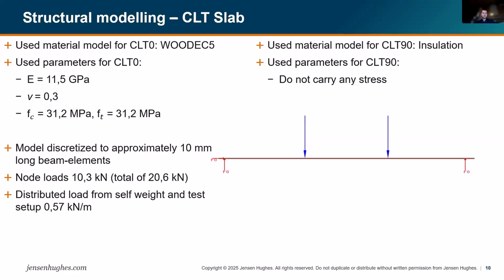The model was discretized to approximately 10 millimeter long beam elements, and there were 2 node loads because there was a distribution beam for the loading, so the total load was 20.6 kilonewtons. On top of that, there was a distributed load from self-weight and the rest of the test setup.